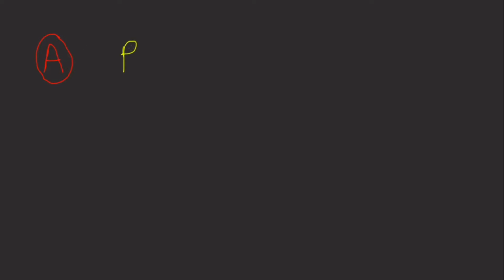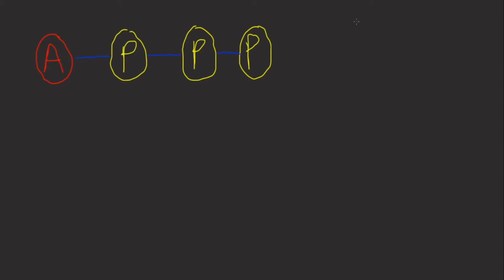And then we have 3 phosphate molecules. Now these phosphates are joined by bonds, and this is important to take note of. These are bonds, high energy bonds.